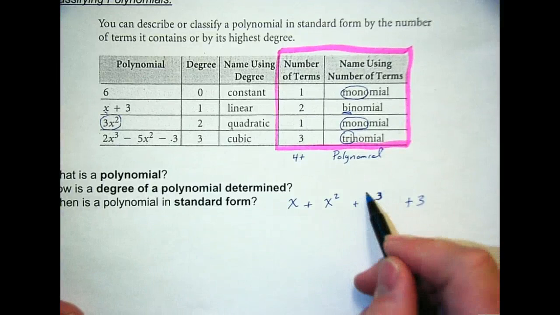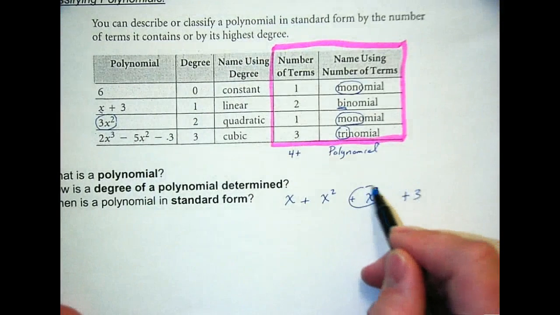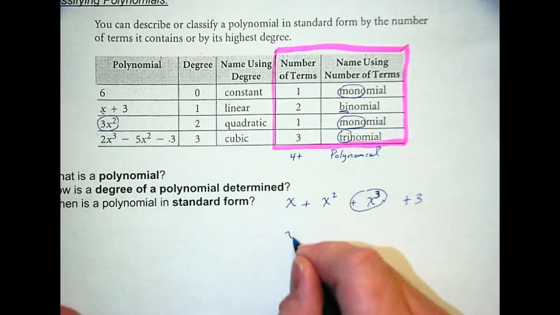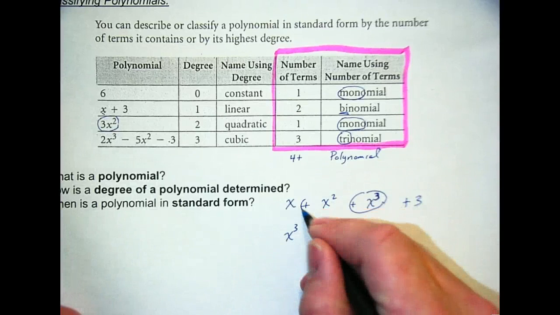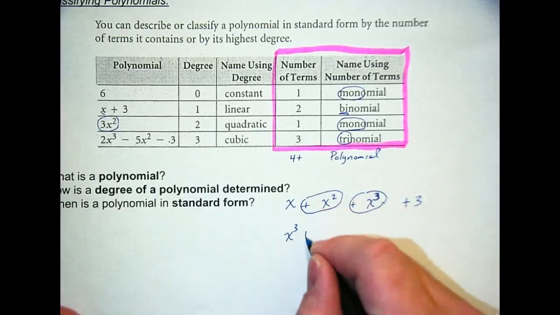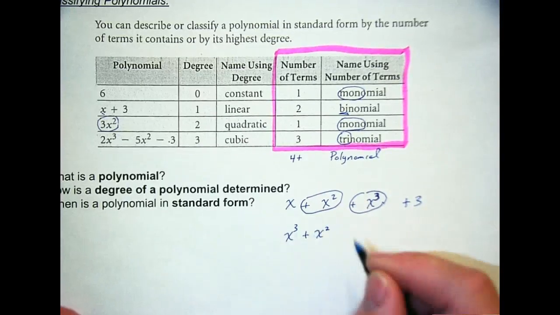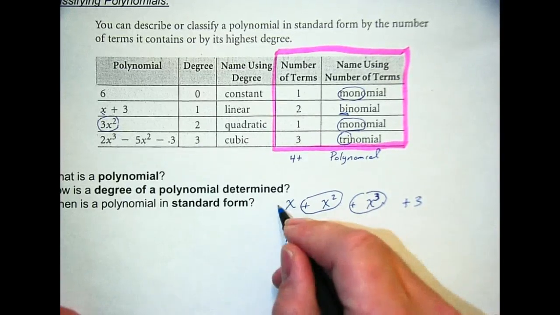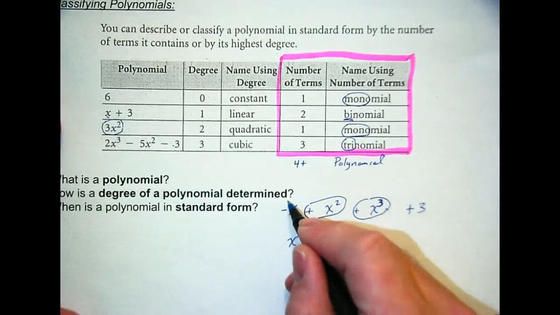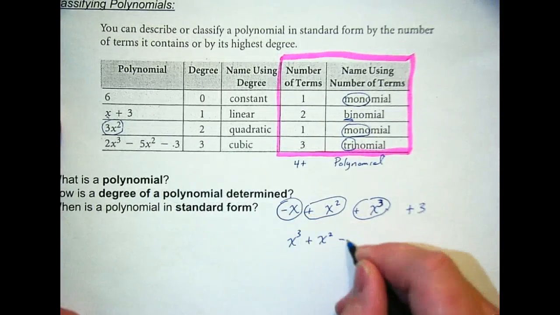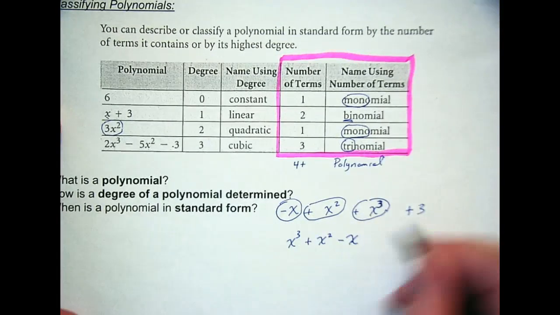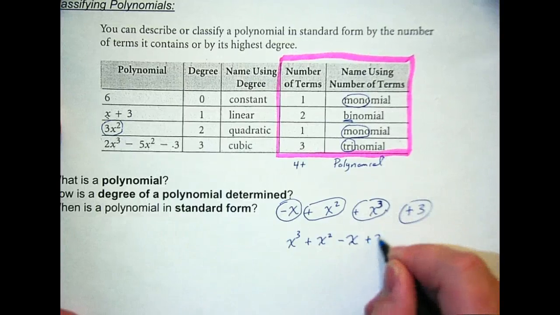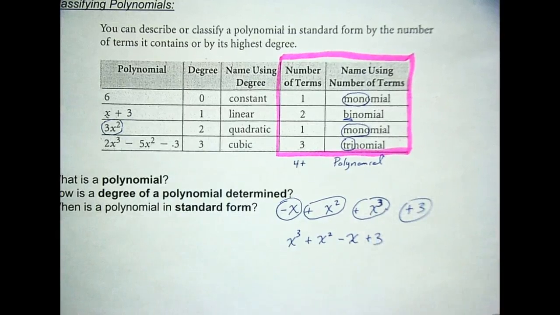So this would be a positive x cubed, and that would be the first thing I'd write. This is a positive x squared. I'm going to put a negative there so we see that's a negative x, and a positive 3. The constants always go at the end. So that is standard form. It's when you put your polynomial in order from highest degree to lowest degree. You're counting down.